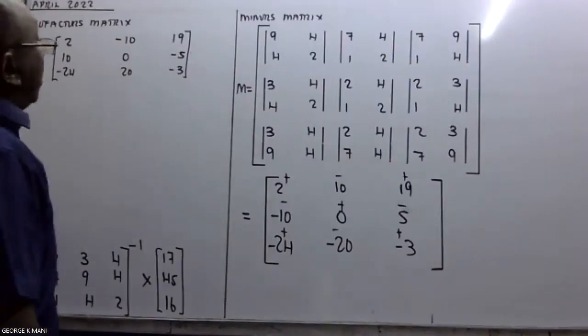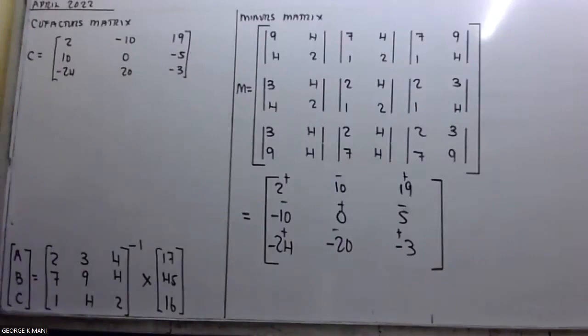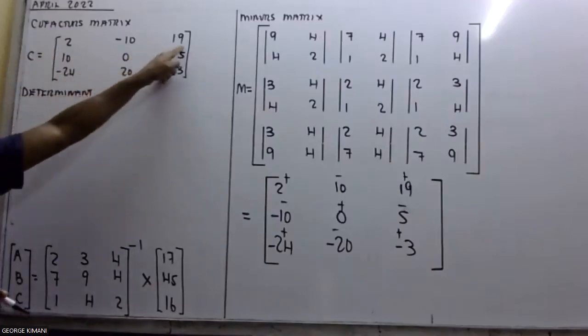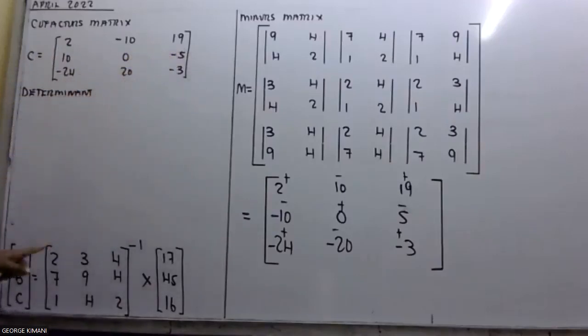The cofactors matrix. Now from there, you get the determinant. Now the determinant, we say that you get these values of the first row of the cofactor, multiply with the values of the original matrix first row as you add.